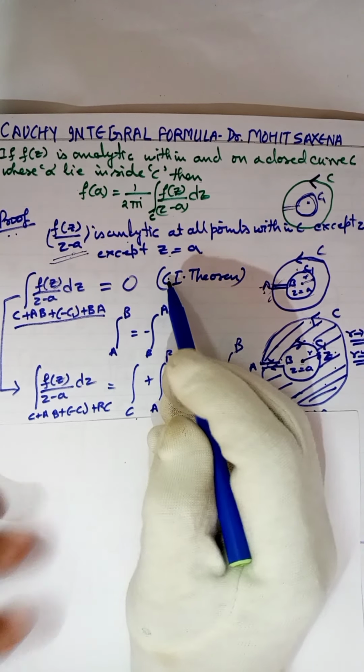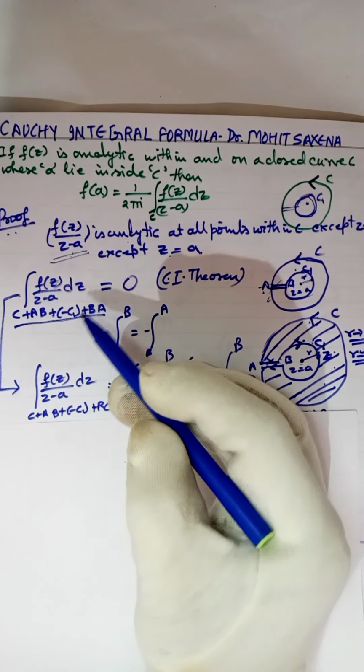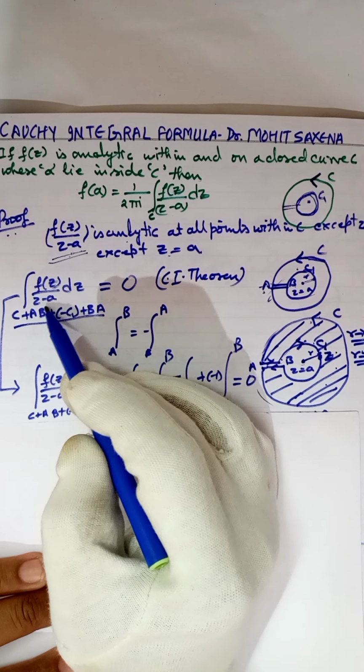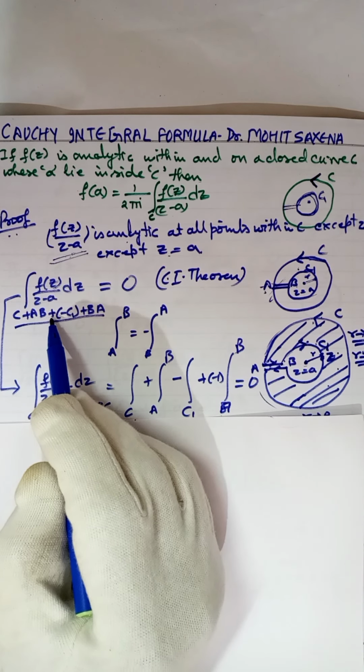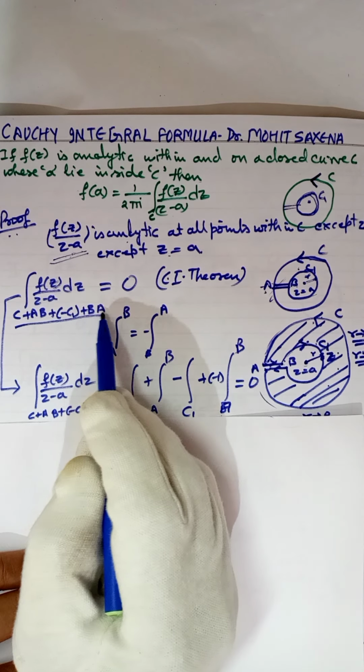Now come again to Cauchy integral theorem. The integral of f(z) upon z minus a, dz, over the boundary of the region, C plus AB plus minus C1 plus BA.